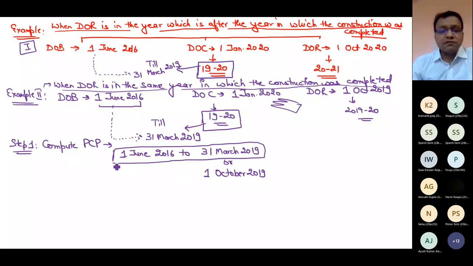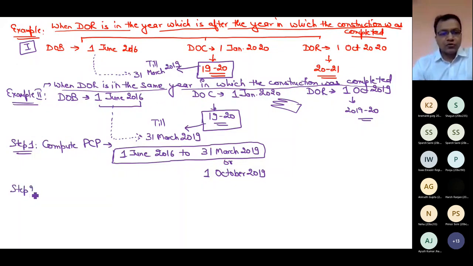For this period, whatever interest I actually paid to the bank on the loan for constructing the house, I couldn't claim the benefit of this interest under the provisions of the Income Tax Act, because for this period I was not in a position to compute the annual value of the house, as my house was not at all complete. That is the simple logic to compute the pre-construction period. This is my step 1.